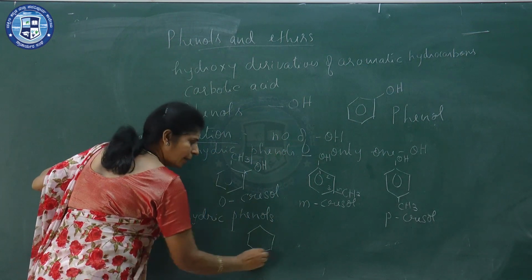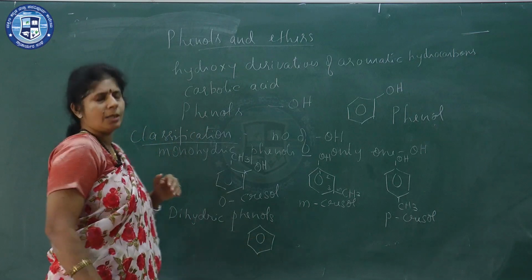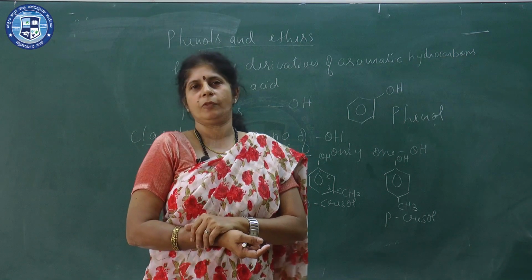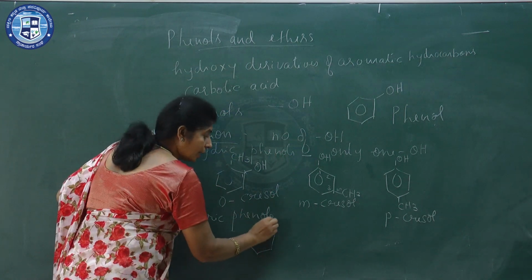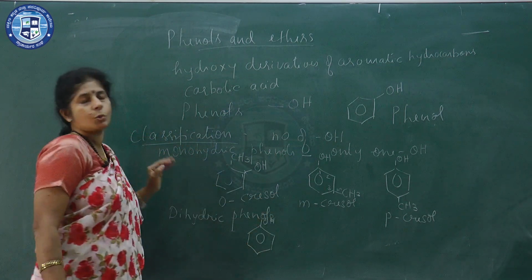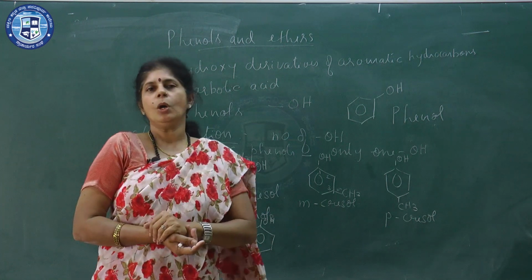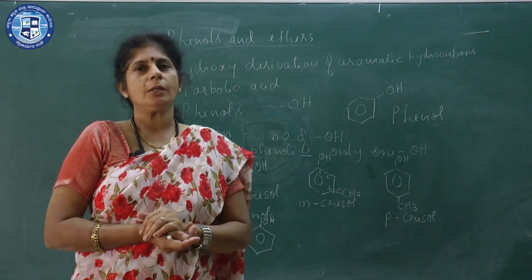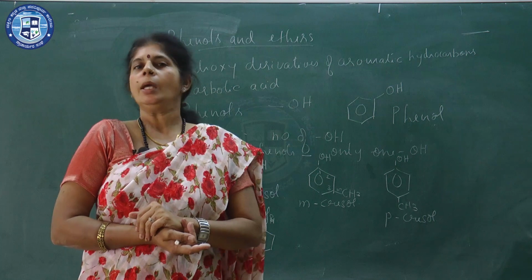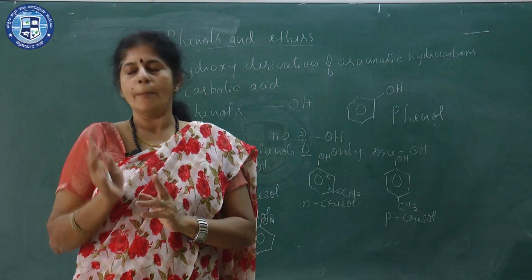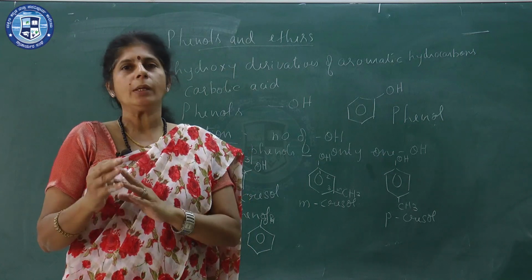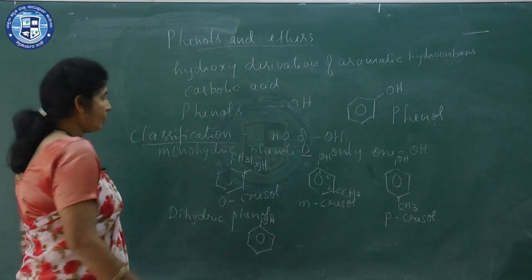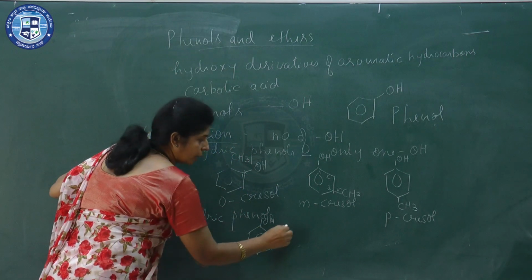Let us take the example of benzene phenol itself. Again the same type of complication comes with these compounds also. One group is already present, and the second substitution may be in the ortho position, meta position, or para position. So we get three different isomeric diphenols, dihydric phenols.